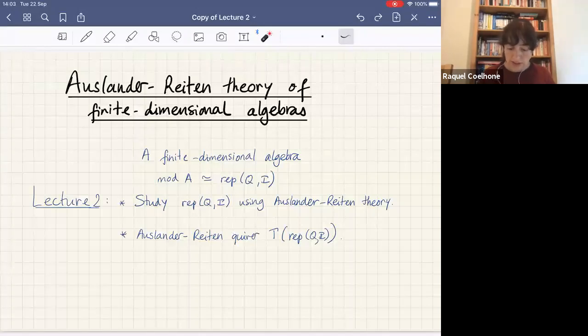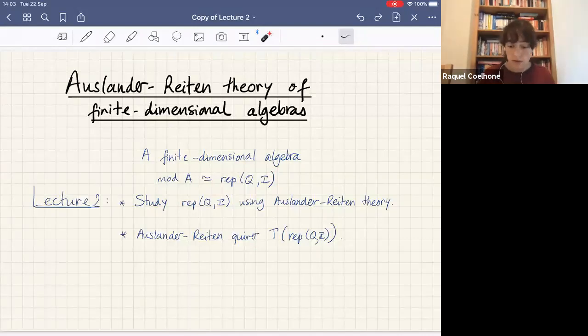And so this is going to give a very powerful way of studying the representation theory of an algebra, because ultimately we're going to be able to see, sometimes all of it, sometimes not all of it, but at least part of the representations of a quiver bounded by an ideal I, by using a quiver. Again, we associate a quiver to this category. This is called the Auslander-Reiten quiver.